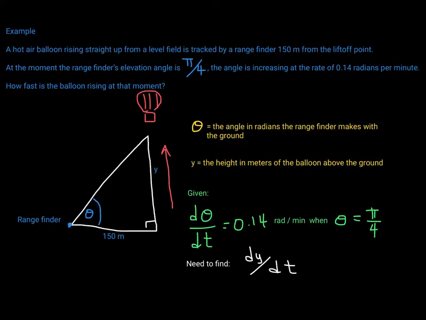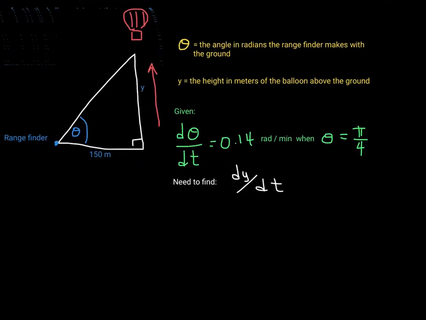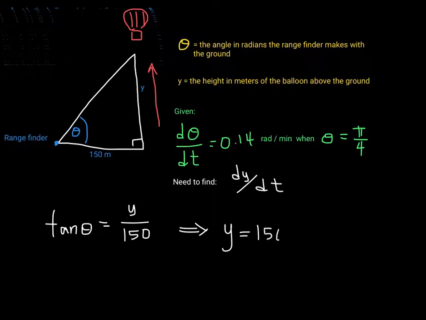Let's say tangent of theta is y over 150, like that. And this can be rewritten, if you prefer no fraction, y is equal to 150 times tangent of theta.